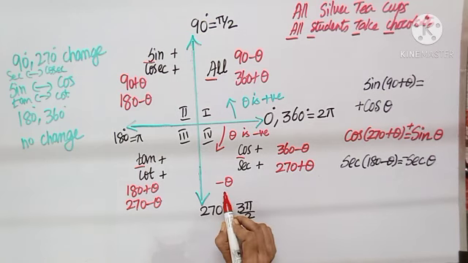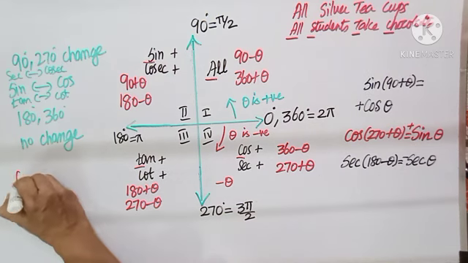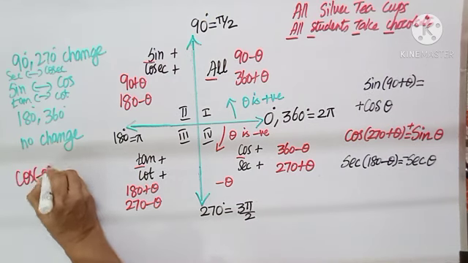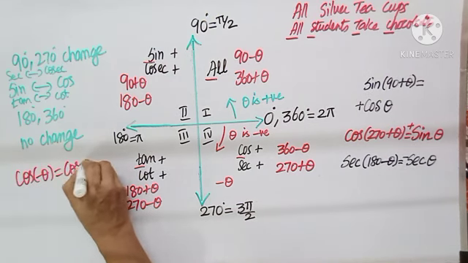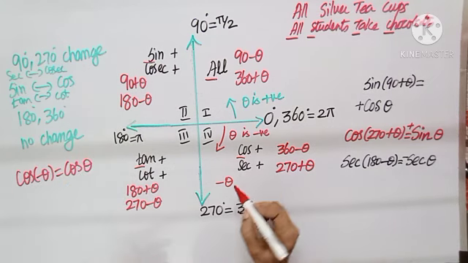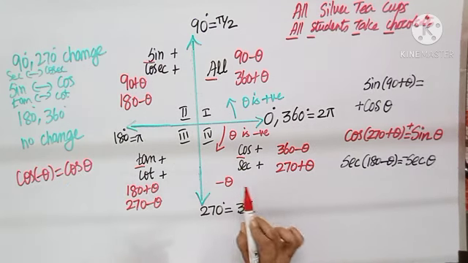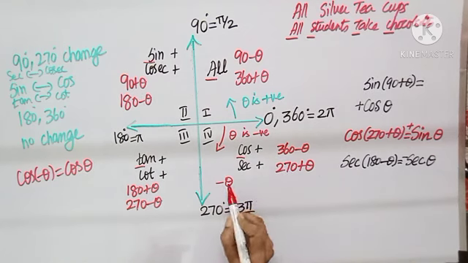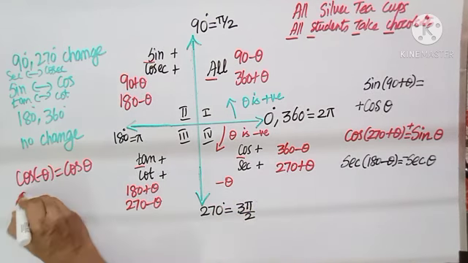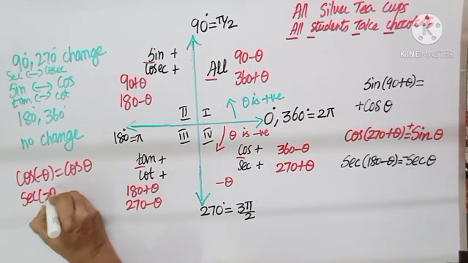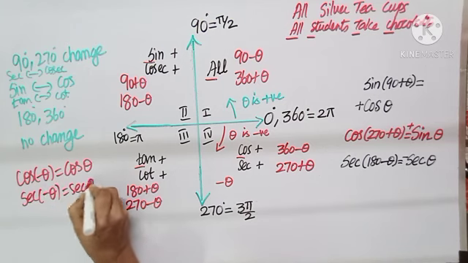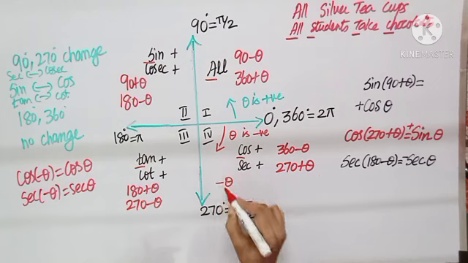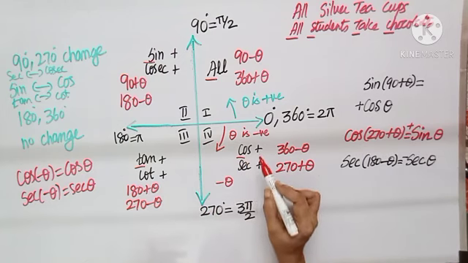Minus theta also is in fourth quadrant. So remember the formula. Cos of minus theta is cos theta only, because in fourth quadrant cos is positive. Even if it is minus theta, cos and secant alone will be positive only, because minus theta is in fourth quadrant. Fourth quadrant, cos and secant are positive.